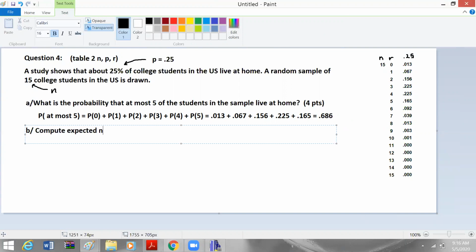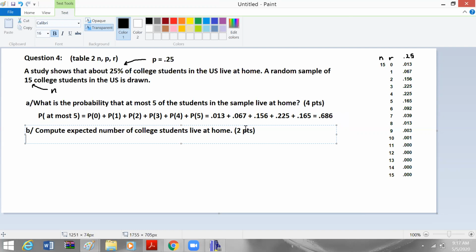You have to do this one. If you don't do it, you're going to lose points. So this one is going to be 2 points. Okay, compute the expected number of the college students who live at home. So remember this one is going to be 2 points for sure.